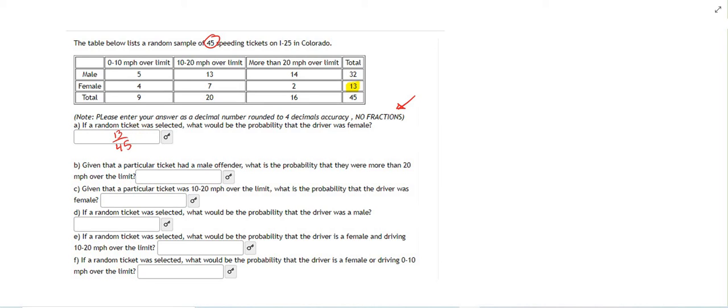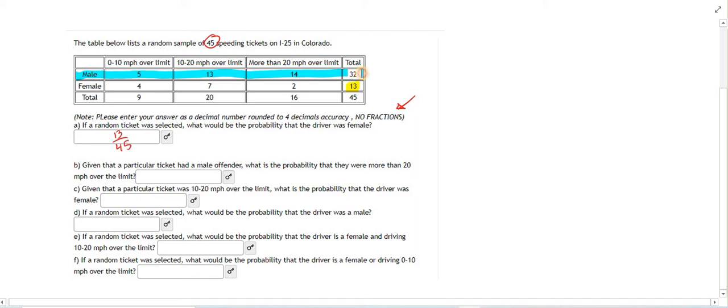So what I will do is focus on all of the male offenders only, and I will not go out of this category at all, meaning the total has to be the total of males. That goes in the denominator right away. And then what is the probability that they were more than 20 miles per hour over the limit?